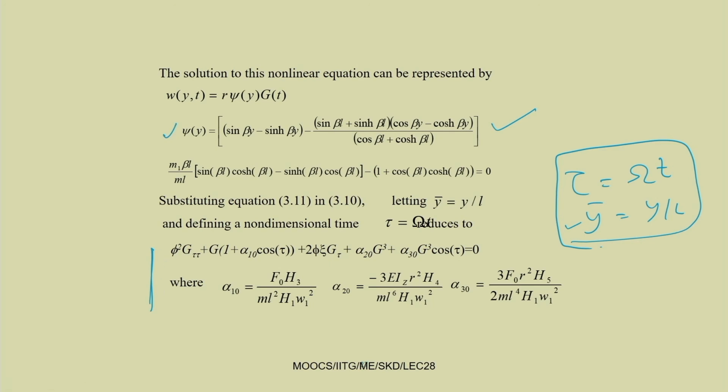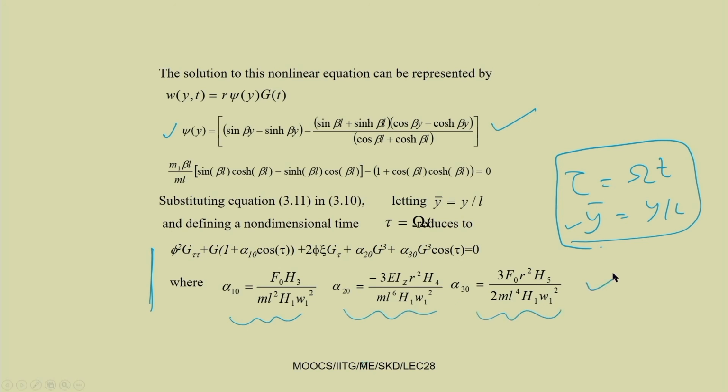You can see that in temporal form this equation can be written as φ² ∂²g/∂t² plus g into (1 plus α10 cos τ) plus 2φζ g' plus α20 g³ plus α30 g³ cos τ equal to 0, where the expressions for α10, α20 and α30 are given here.